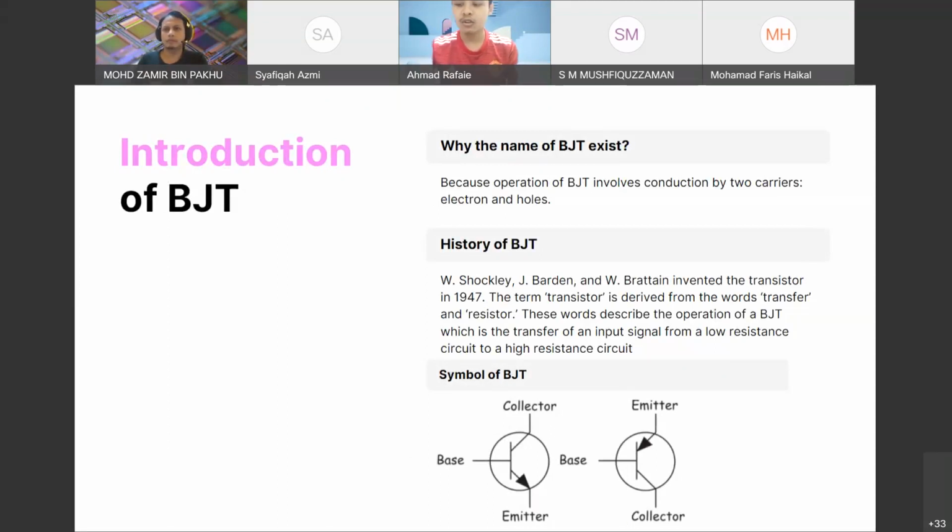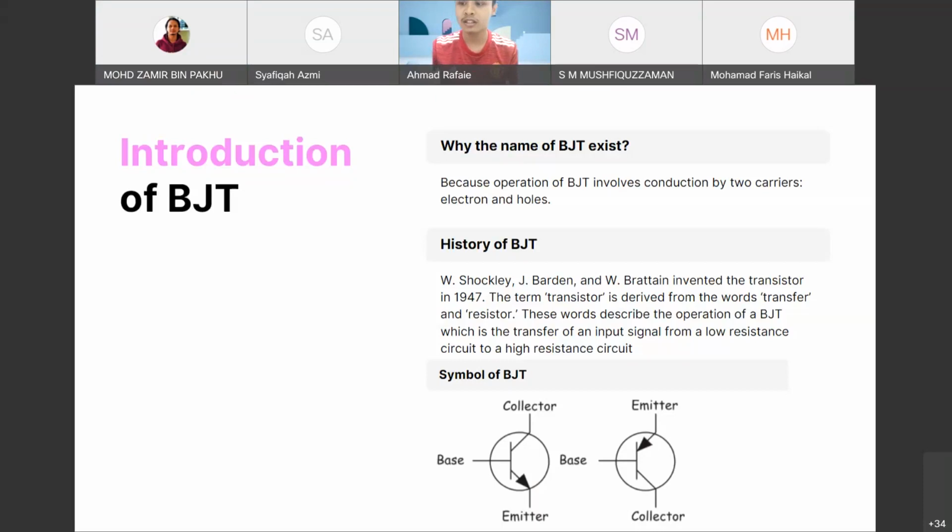This BJT is formed by combining 2 junction diodes, and is formed of either a thin layer of P-type semiconductor between 2 N-type semiconductors, or a thin layer of N-type semiconductor between 2 P-type semiconductors. This is the formation of BJT.